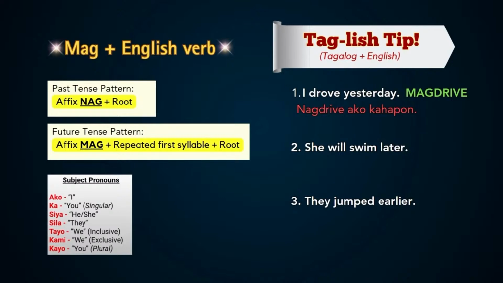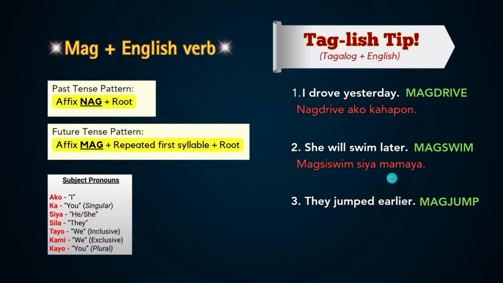So see, we are just using the pattern that we've already learned and using this mag plus an English verb. So go ahead and try number 2 and 3. You can use mag swim and mag jump. And then we'll go over it in just a second. Alrighty, for number 2, she will swim later. If I told you to use mag swim, it would be magsiswim siya mamaya.